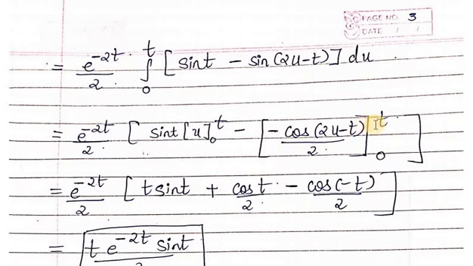Then for the upper limit it becomes 2t minus t, so it will become cos t by 2. Minus minus plus, so we have cos t by 2. And then after the minus sign, replacing u by 0, it becomes cosine of minus t, and cos is an even function, so we can write this as cosine of t divided by 2.